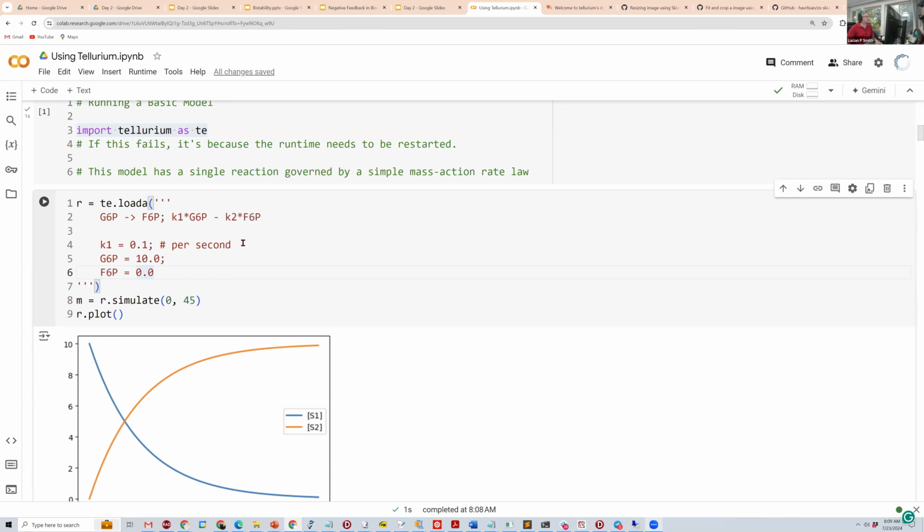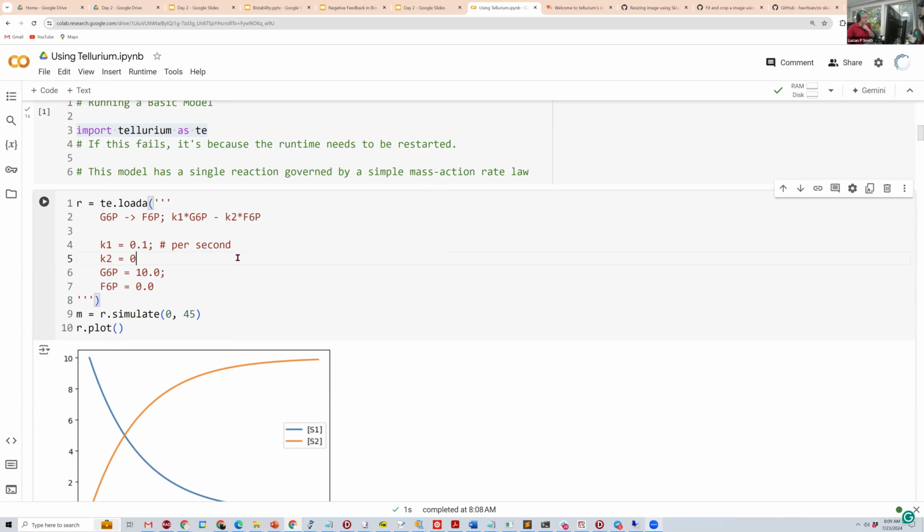Your parameters do need, your k1 and k2 do need to be initialized, and it'll complain otherwise. That was an early trap I found when I was a graduate student building models. If the tool didn't tell me that the parameters weren't initialized, I would always get problems because I didn't realize that the parameters hadn't been initialized, and they were set to 0, and I was getting weird results and I didn't know why.